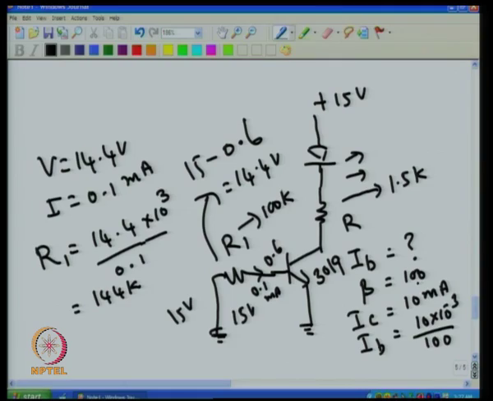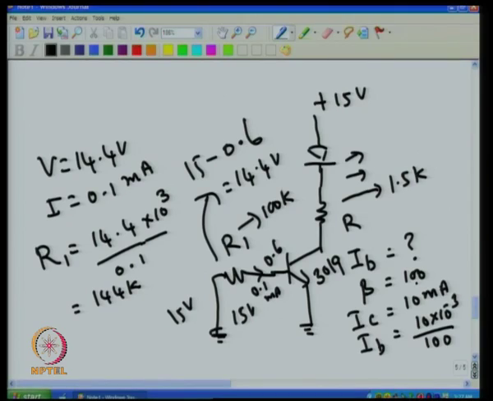You may have a 3019 with beta of 200 also, when you buy 100 or 1000 numbers from one particular company. In fact, most of them will be 150, 200 like that. Only very few will be close to 100, but nevertheless none will be less than 100.